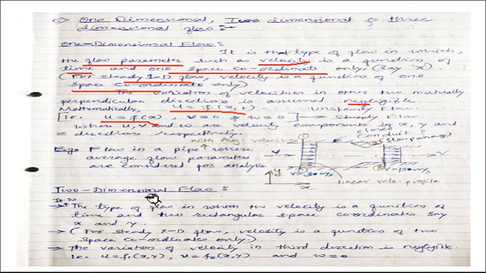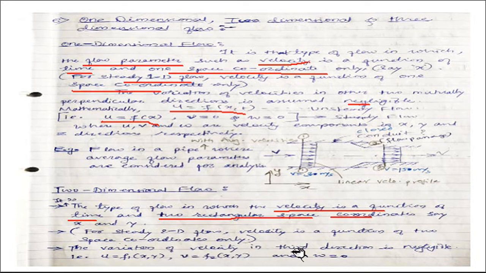Similarly, we can define two-dimensional flow. In a 2D flow, the velocity is a function of time and two rectangular space coordinates, let us say x and y. For a steady 2D flow, velocity is independent of time and it is a function of only the space coordinates x and y.